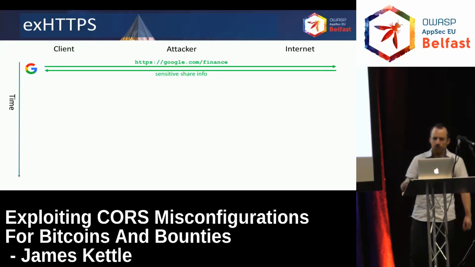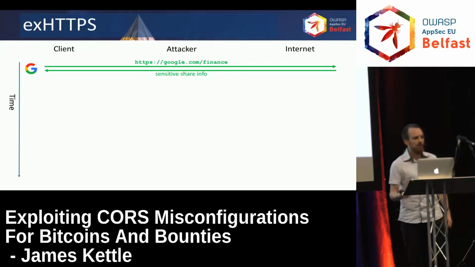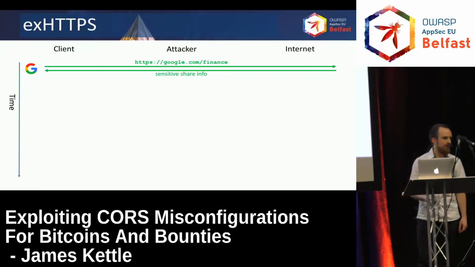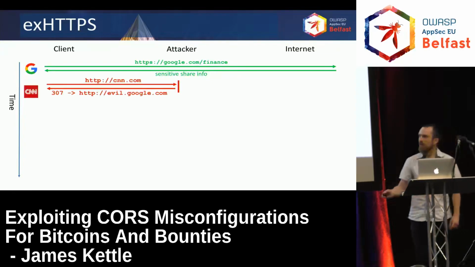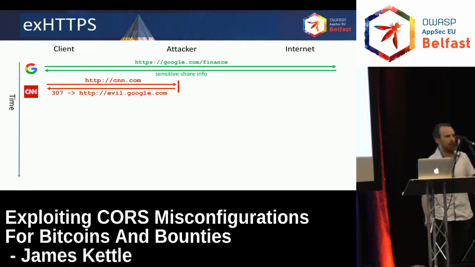Anyway, if I access Google Finance directly, that's protected with HTTPS. It's pretty difficult for you to modify, view, or tamper with that content. But as soon as I load any site over HTTP, you can intercept that request and spoof whatever response you like. So here, I try and load CNN.com, and you can redirect me to evil.google.com.